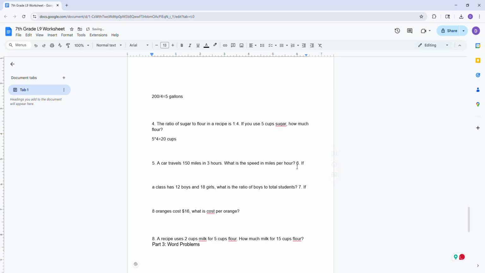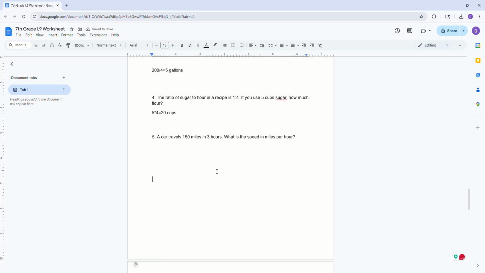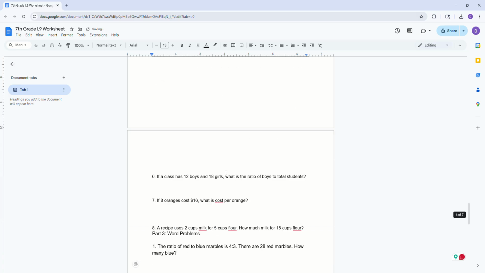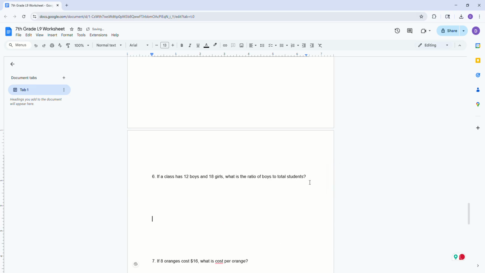And for number 5, it's asking us a car travels 150 miles in 3 hours. What is the speed in miles per hour? So we would have to divide 150 by 3, which would equal 50. 50 miles per hour. Number 6 says a class has 12 boys and 18 girls. What is the ratio of boys to total students?